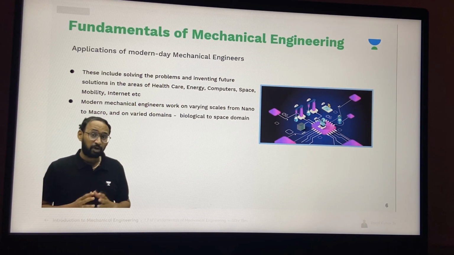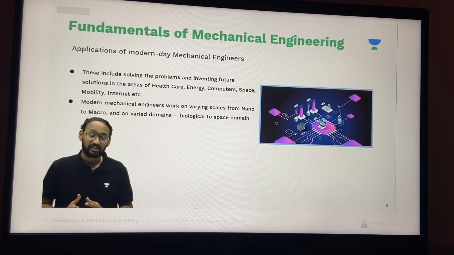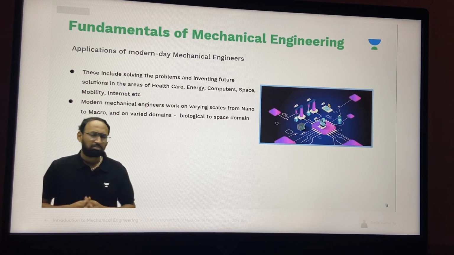If you don't remove the heat properly, you are reducing the life of the components, right? So it's very important for mechanical engineers to work and design innovative solutions to ensure that heat is not stuck in a single place, be it a supercomputer or any electronic gadget for that matter.